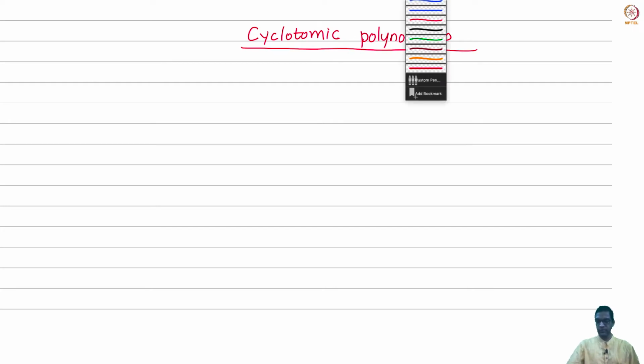Last time we were talking about cyclotomic extensions, so let me continue proving a few more facts about these cyclotomic polynomials. Recall we have shown the following.